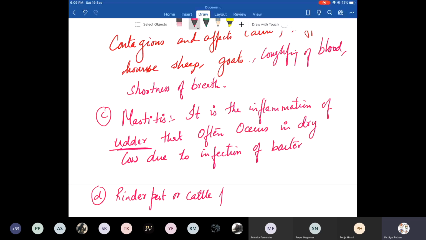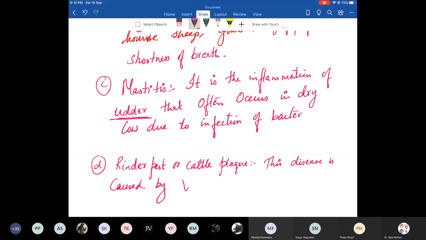This disease is caused by a virus and is highly contagious. Diarrhea is a main symptom.